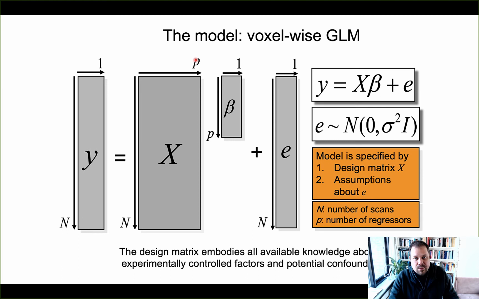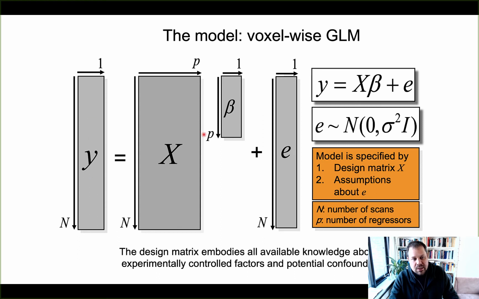So the movement that we know the participants made, that we estimated from the motion correction step during pre-processing. And all of this will then predict the BOLD response in each given voxel. And this has just a length of 1 because it's just one voxel that we're predicting here.